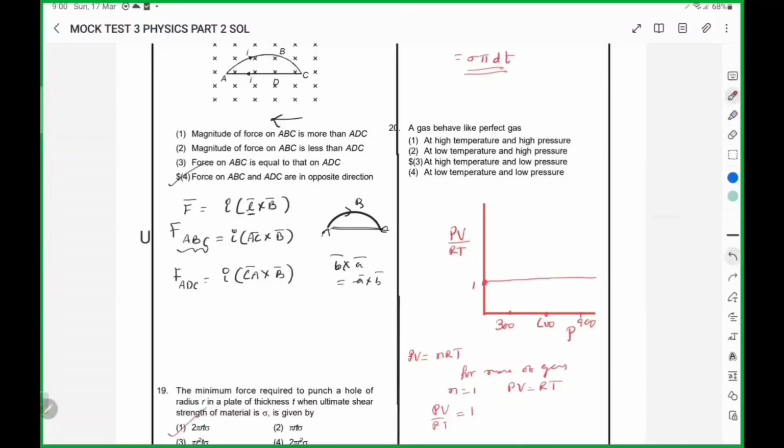As temperature increases, let us say 500 Kelvin, this graph will be closer to the ideal gas. Still, temperature increases.